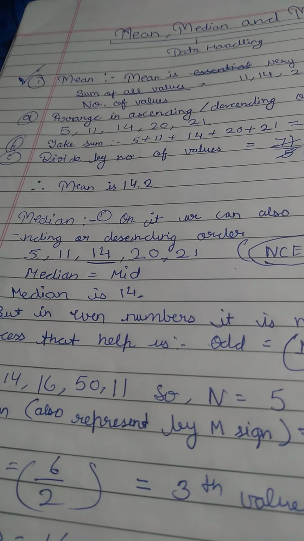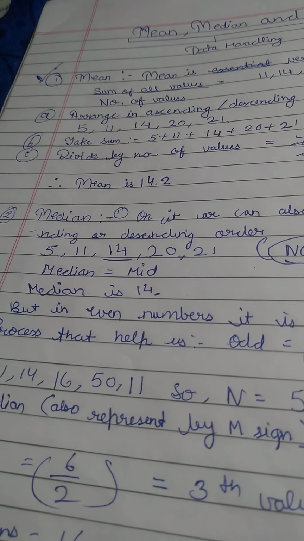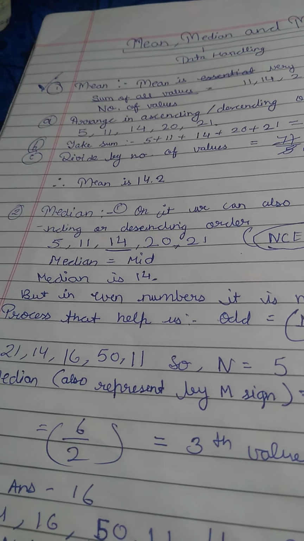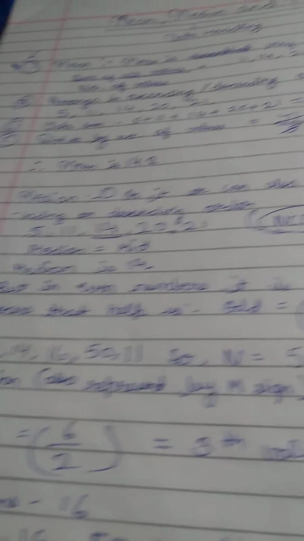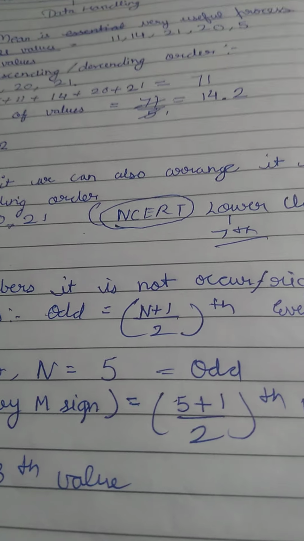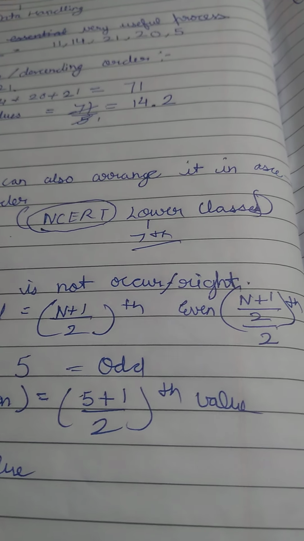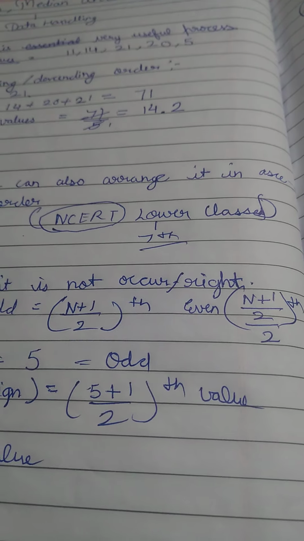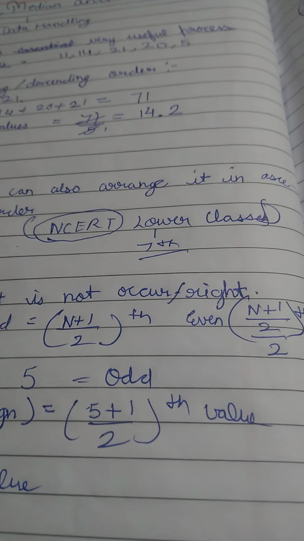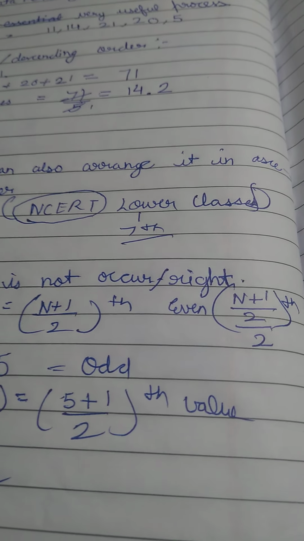This is right, but on even numbers it does not work. So the process used is: for odd, the value at (n plus 1) divided by 2, and for even, the value at n divided by 2 and the value at n divided by 2 plus 1, then divide their sum by 2. Take a screenshot of it and write it down because this is very useful for you.